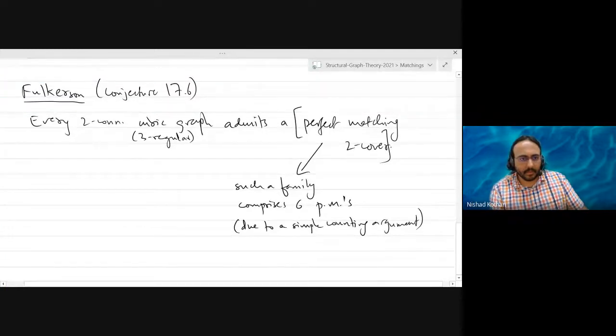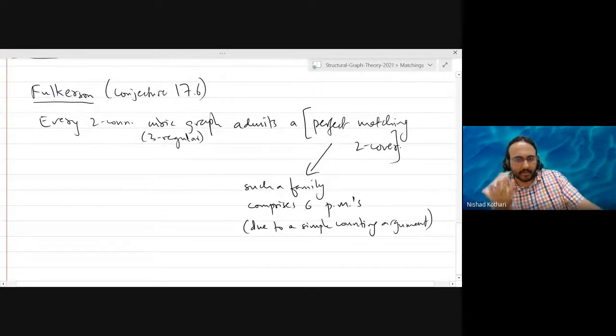Notice that the number of edges is completely determined. You have a three regular graph, so you know exactly the number of edges. You know exactly how many edges are in any perfect matching, because that's just the number of vertices divided by 2. So that gives you a simple counting argument to show that it has to be exactly six perfect matchings.